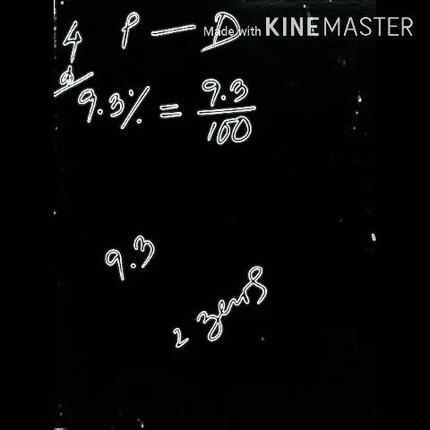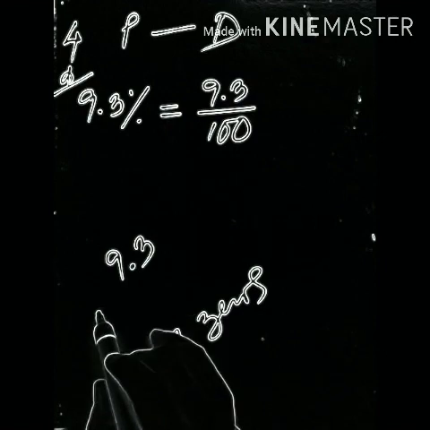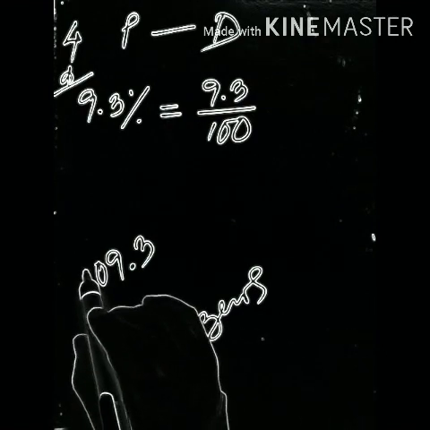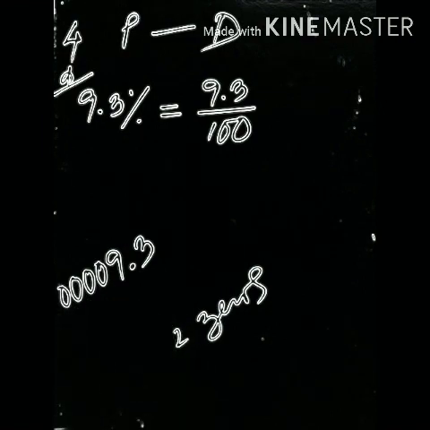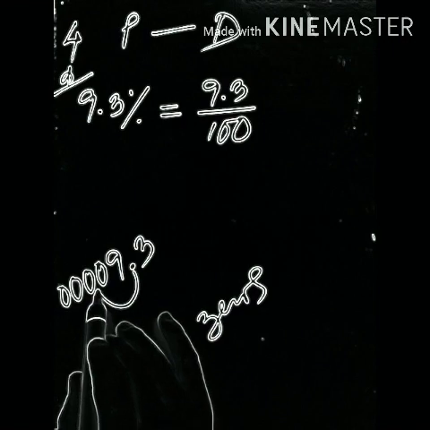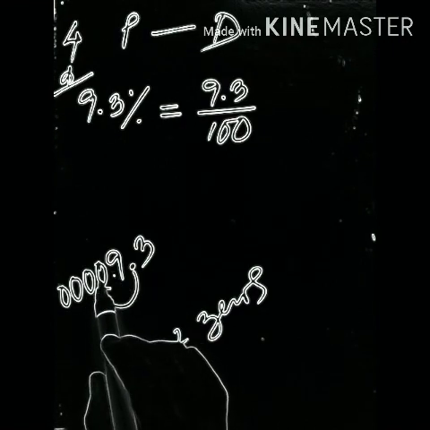9.3. So how many zeros here? 2 zeros. So now here is the point. Before 9 there is nothing, so you can write zeros here. This point has to move here. 2, so 1, 2.